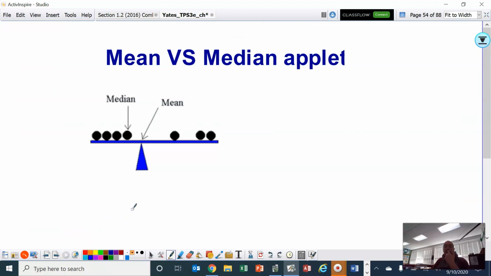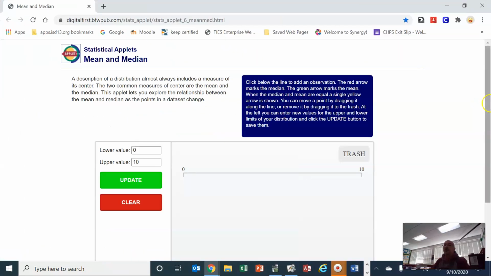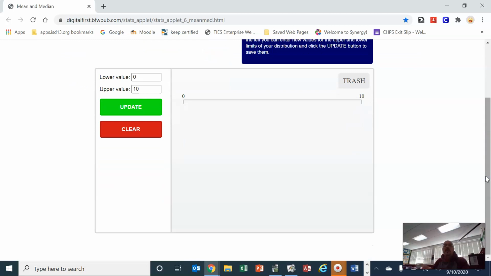Underneath the video notes, there's this applet that I want you to try. I want you to just play around with it. So I'm going to pull this in and just show you. This is a good way to see, ladies and gentlemen, what is happening with the mean and the median as I add points.